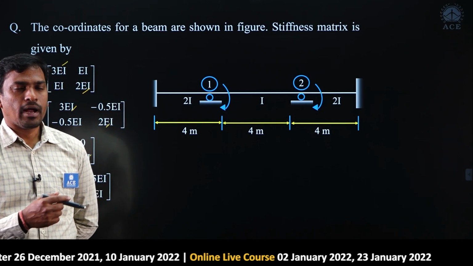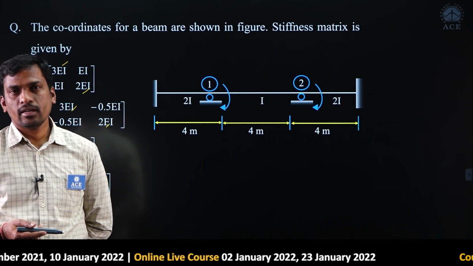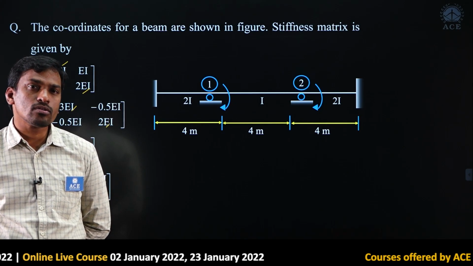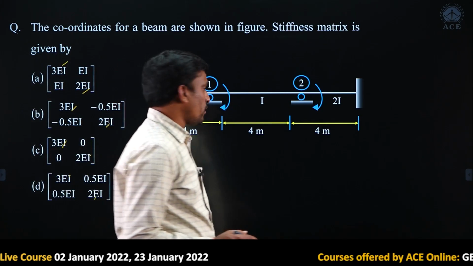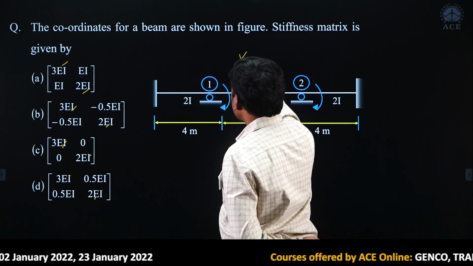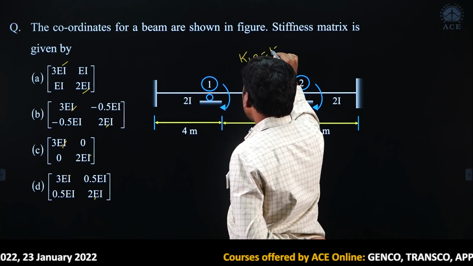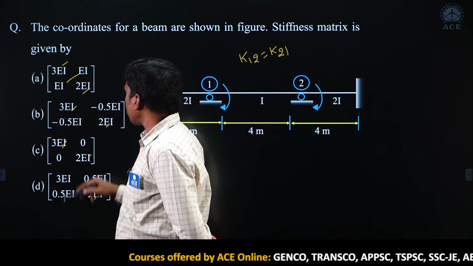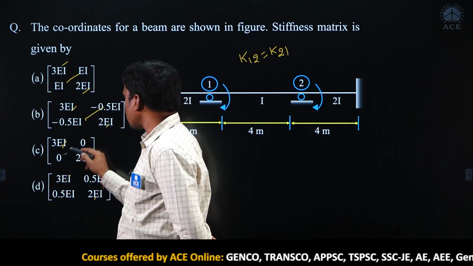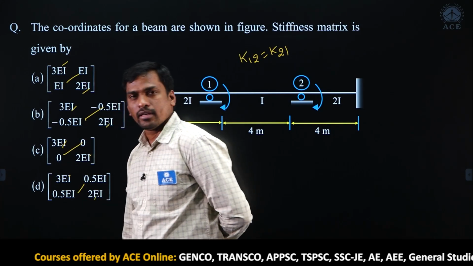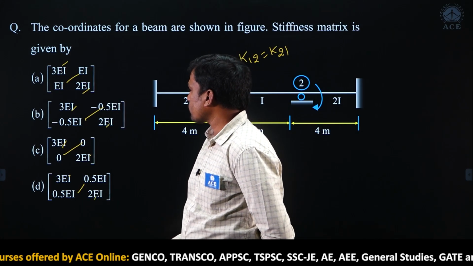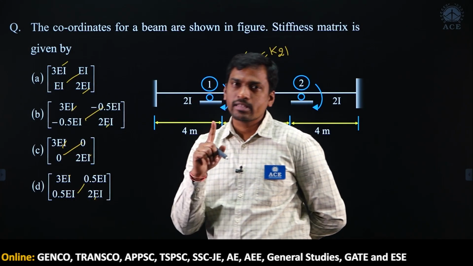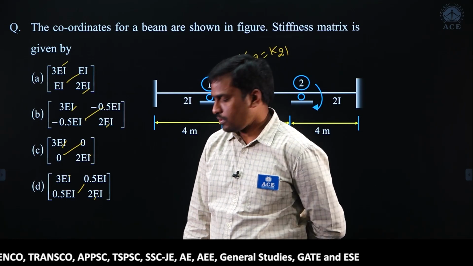The matrix must be symmetric, that is nothing but k12 equals k21. This is a symmetric matrix, so k12 equals k21. Here these both are the same and these both are the same, yes or no? Then find any one, either k12 or k21, one is sufficient please.